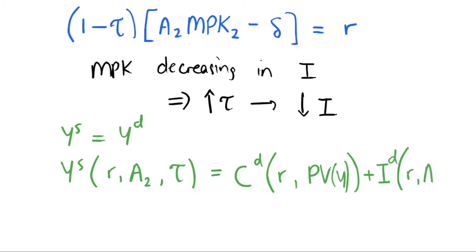And we know that investment depends on the interest rate, the parameter A2, and it also now depends on our capital gains tax. We've just said if we increase the capital gains tax, we're going to decrease investment. So we can take note that this is going to depend negatively. And of course we've seen what all the other relationships of everything else in this model are, so I'm not going to go over how, say, consumption depends on present value income.